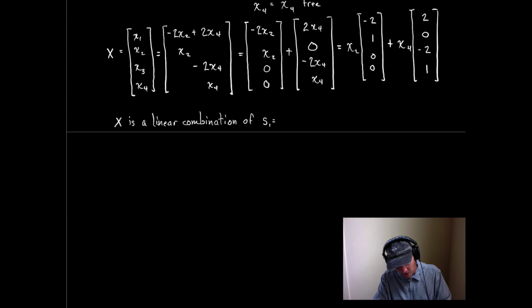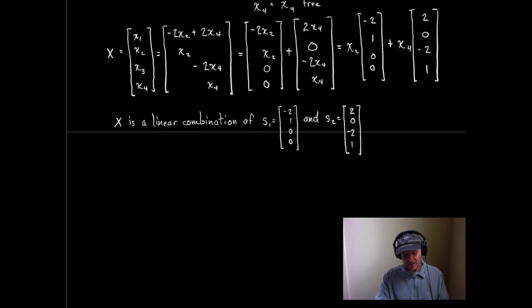S1 is my special vector, (minus 2, 1, 0, 0), and S2, which is (2, 0, minus 2, 1). Whoa, that's it. x is a linear combination of those two vectors.